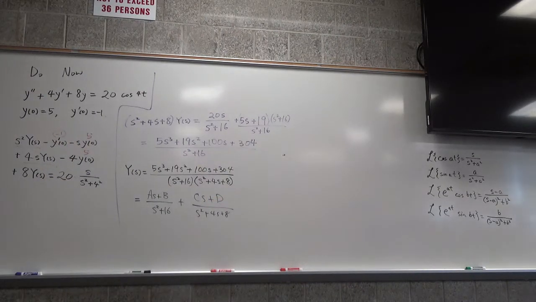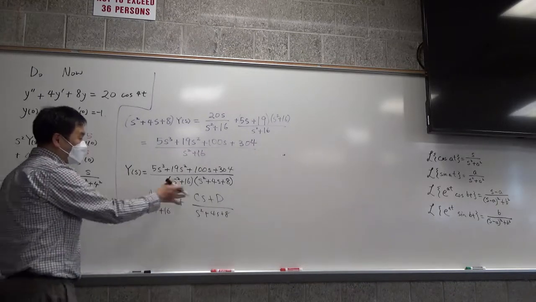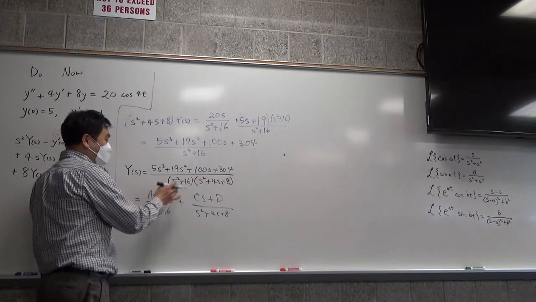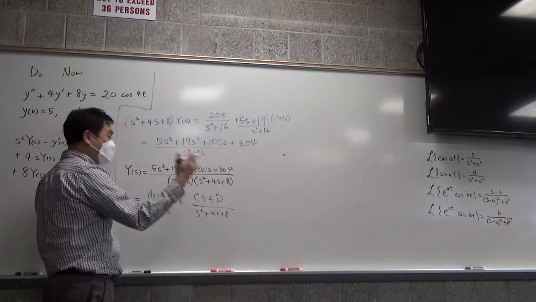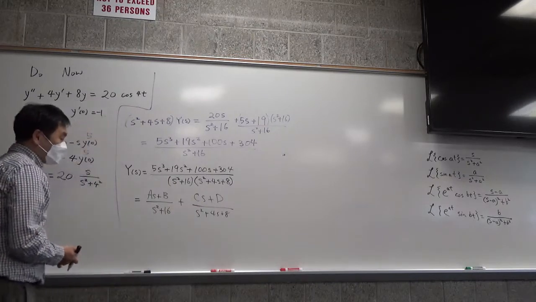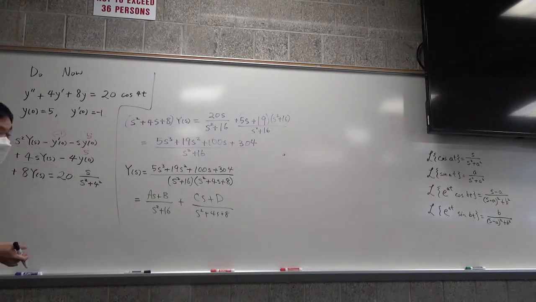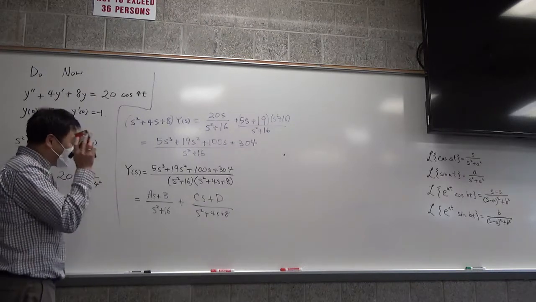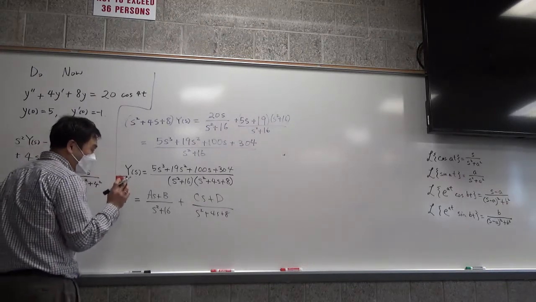Now, if you just do it this way, then you're going to see that after finding A, B, C, and D, when you try to invert the Laplace transform, you'll have to do additional work. So we're going to be smart about it, and we will try to have the Laplace transform in mind, so we're going to change this slightly.